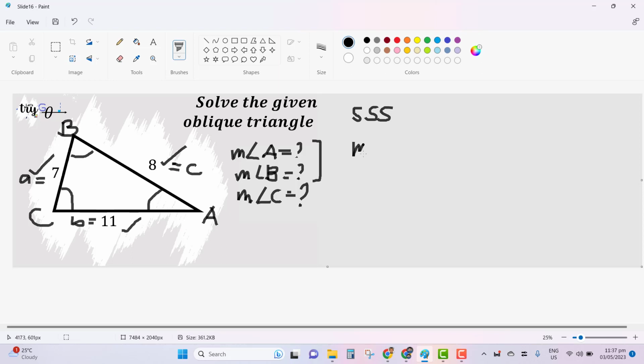For the measurement of angle A, we will be using one of the versions of the formula derived from the law of cosines, intended to solve the measurement of an angle. That's actually using the arc cosine or the cosine inverse. And since we are measuring angle A, a is the side that we are subtracting here. In short, this is b squared plus c squared minus a squared, and your denominator would contain 2bc.